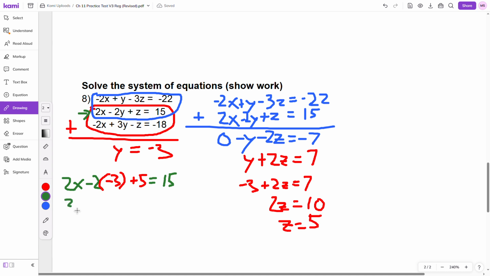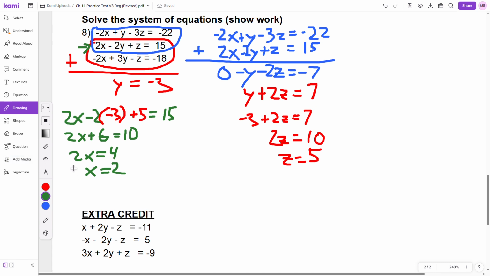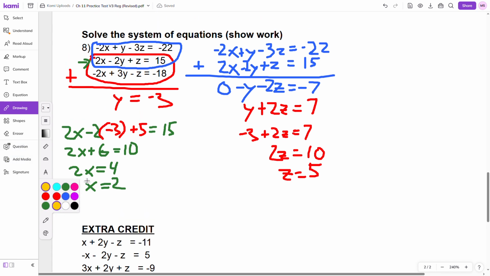And so this means that 2x plus 6 plus 5 equals 15, and I'm going to subtract 5 on both sides, equals 10. So therefore, 2x is 4. So therefore, x is 2. And lo and behold, we have all three variables solved, and so now we're all happy, and we've done all three.